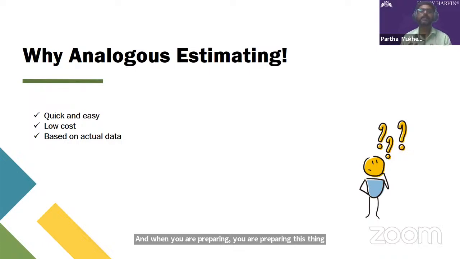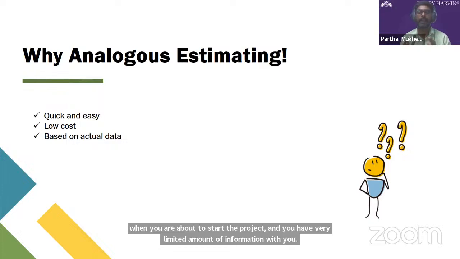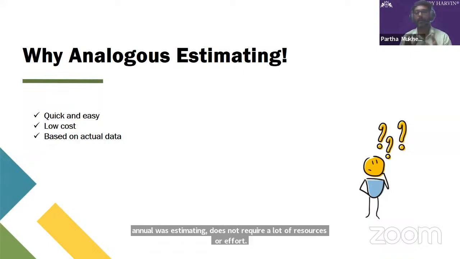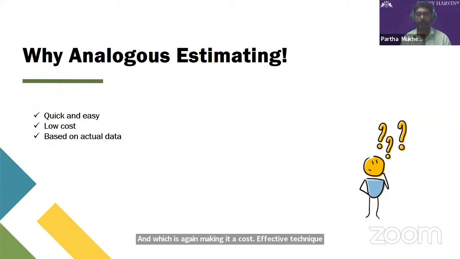So analogous estimation is a fast and very simple technique that can be used when there is limited time or data available to you. If we talk about the costing, analogous estimating does not require a lot of resources or effort, which again makes it a cost effective technique.